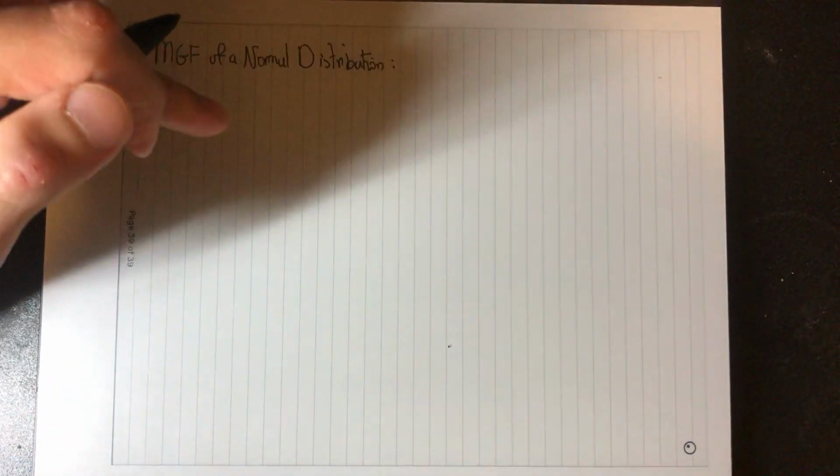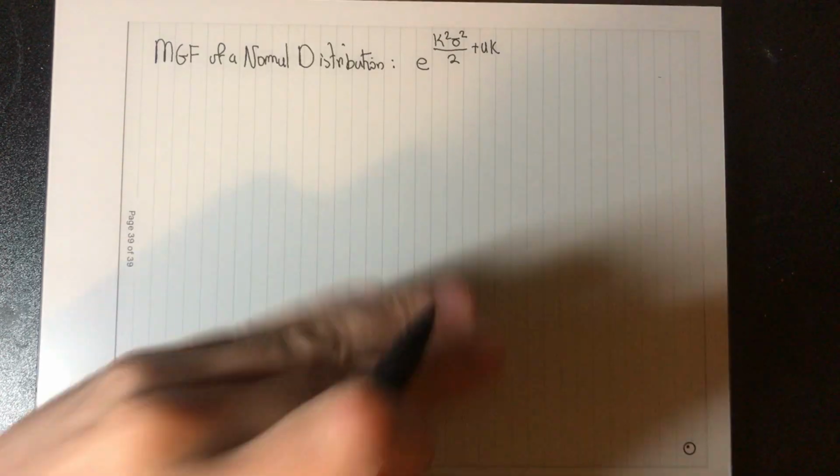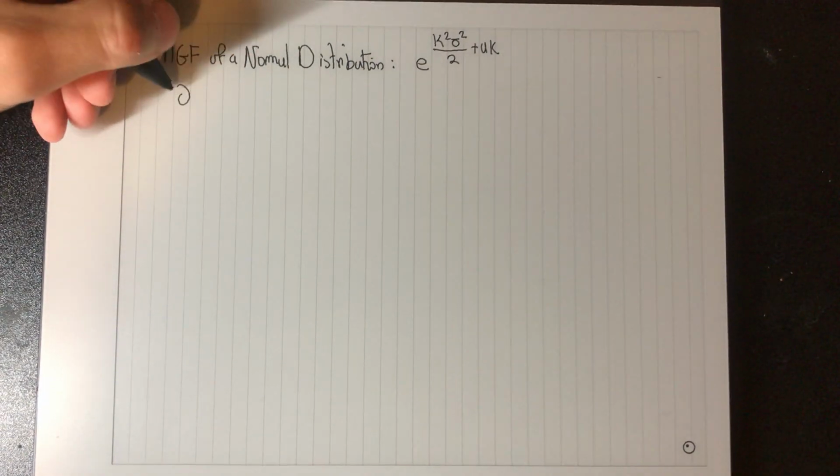So the moment generating function of the normal distribution is equal to the following.